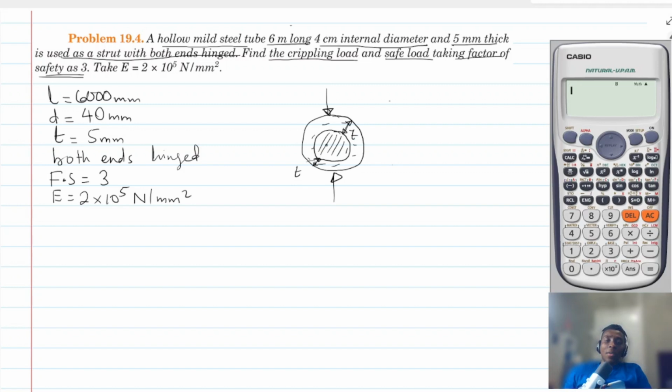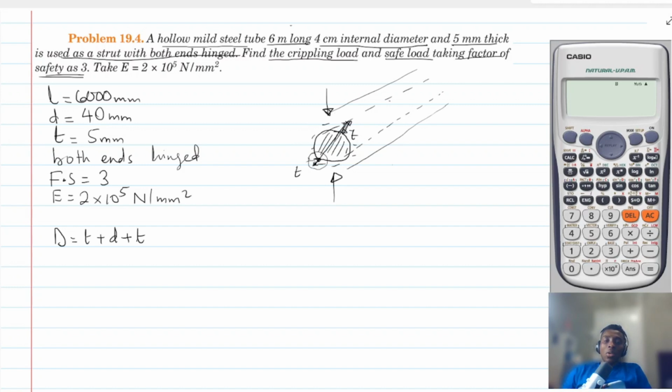Carefully, you can see that the bigger diameter is going to be the thickness plus the smaller diameter plus the other thickness. That's to say, the entire diameter in this direction will be the small thickness over here plus the small diameter plus the other small thickness over there.